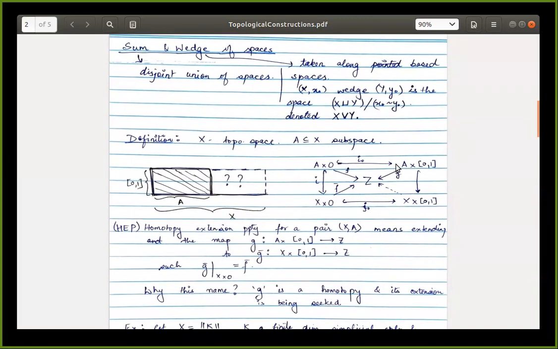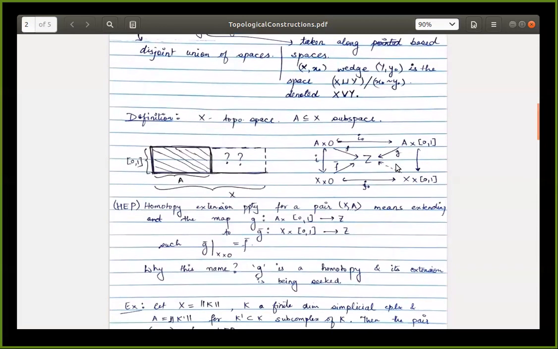Recall that a homotopy is a collection of continuous maps, right? It's not just a continuous map from some space X to Y. It's a continuous map from X times I to Y, and it is continuous for every t in that I.